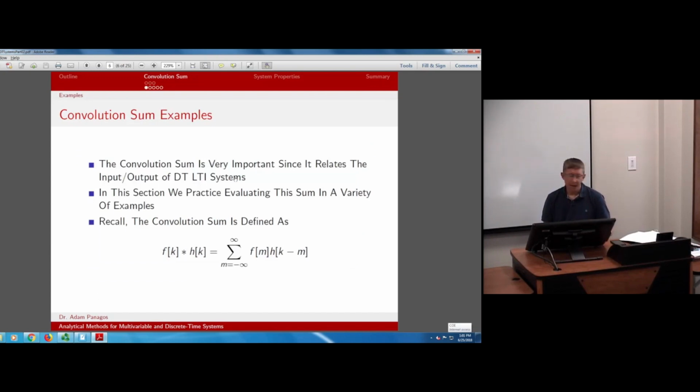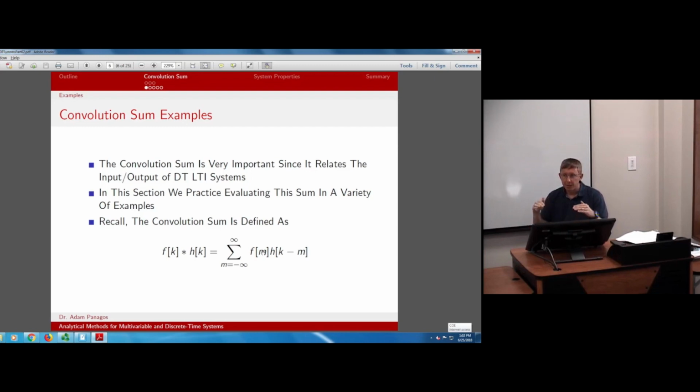Now the thing we'll spend a fair amount of time working on is doing some examples. What we want to be able to do is evaluate this if I give you 2 signals. How do we actually plug into this and do the math? As usual, we're going to start off with simple examples, signals that maybe only have 2 non-zero values, and you can almost just evaluate this numerically, point by point, to get a feel for the math.